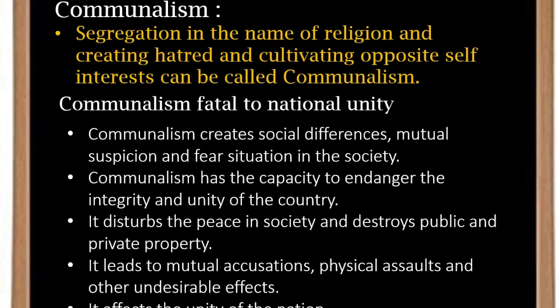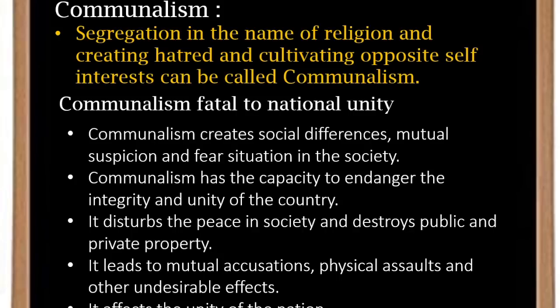Communalism has the capacity to endanger the integrity and unity of the country. See, our intention, our endeavor is to keep the whole nation integrated and united. Every citizen should have a feeling of oneness.